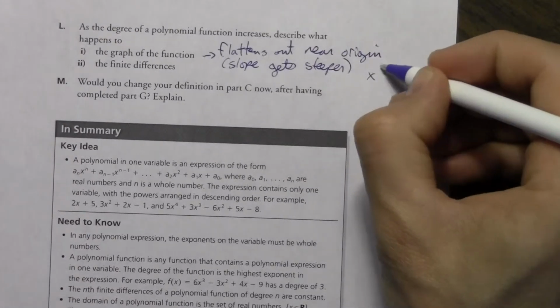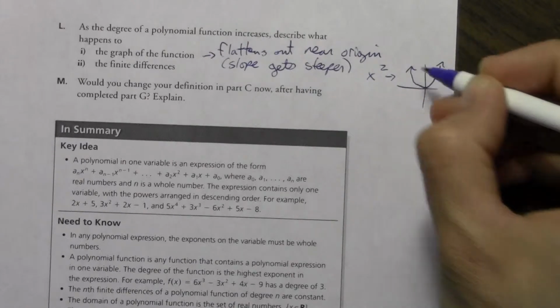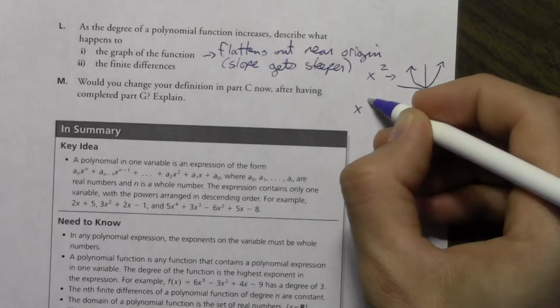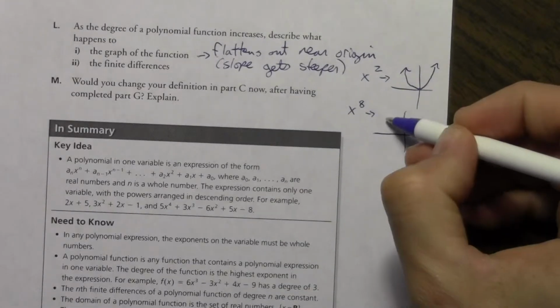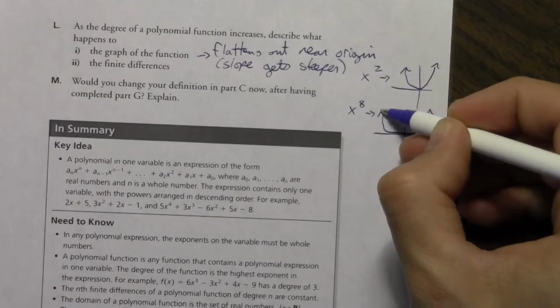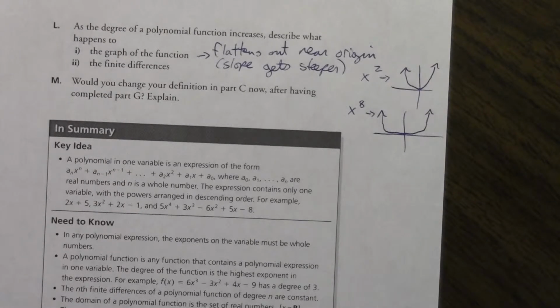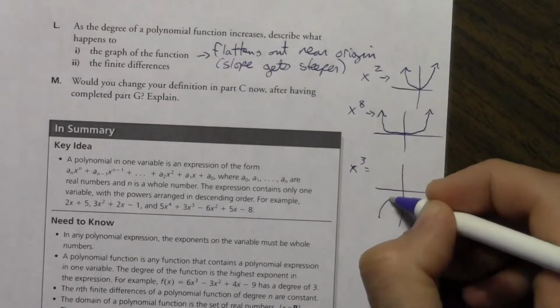Okay, so we're going to show x squared looks like this. x to the 8 looks like this. Okay, x cubed looks like this.